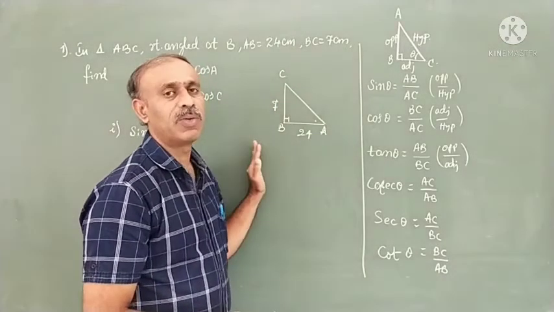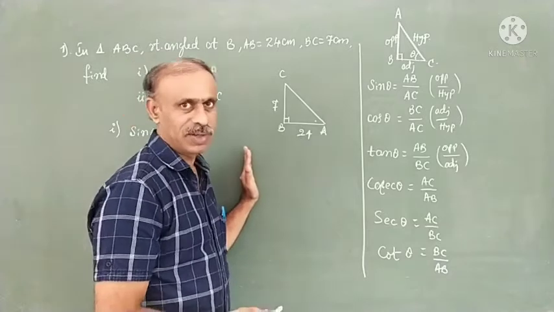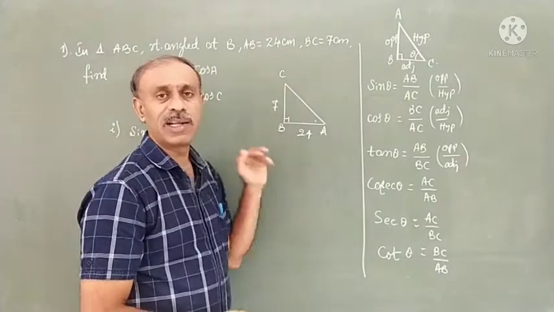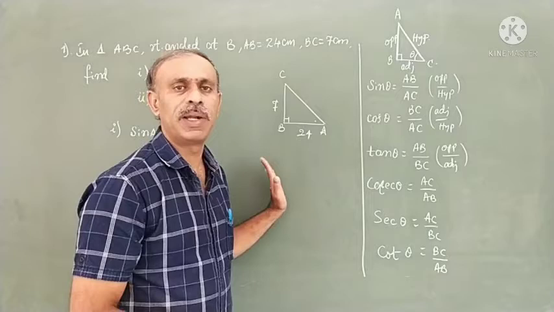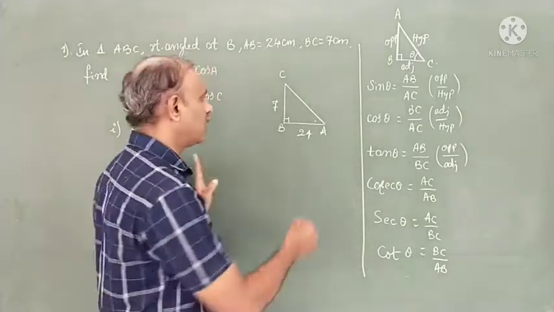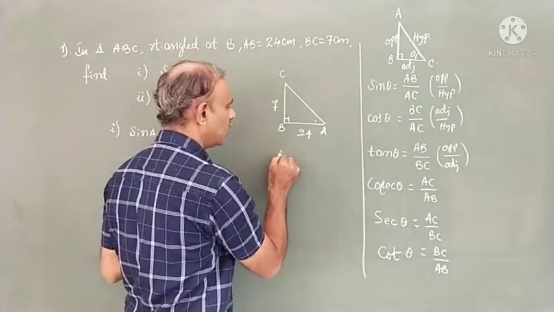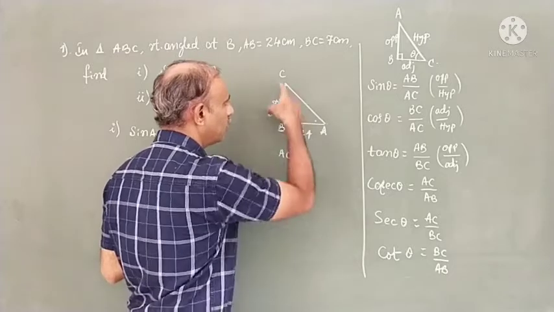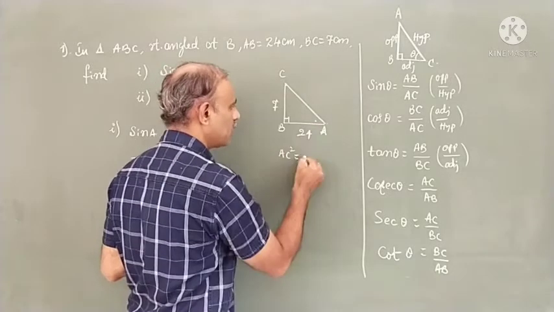The hypotenuse has not been given. First, what we have to do is find the hypotenuse, because it is a right triangle. Many times you apply the Pythagoras relation. So by using it, AC square is equal to AB square plus BC square.